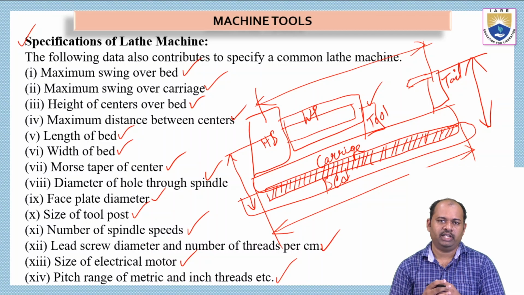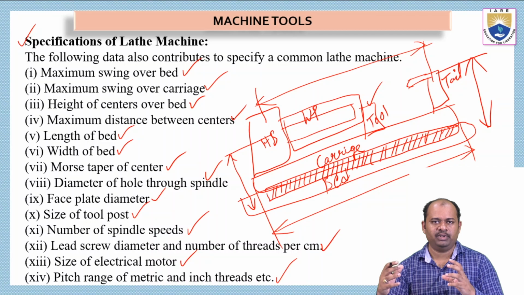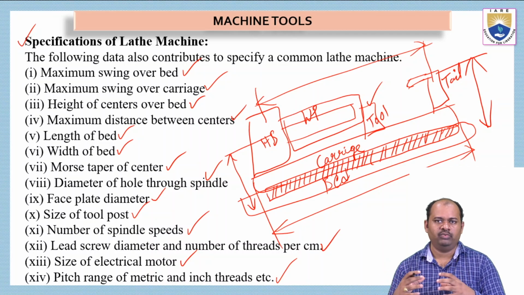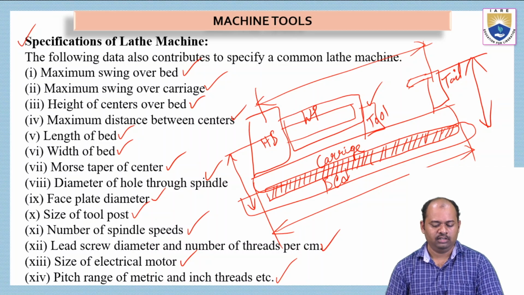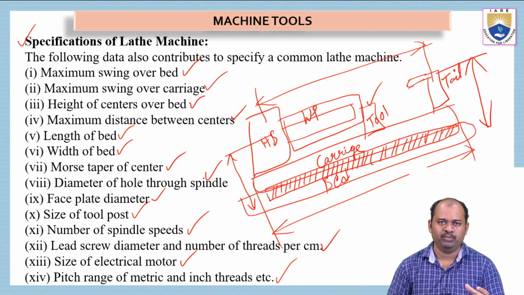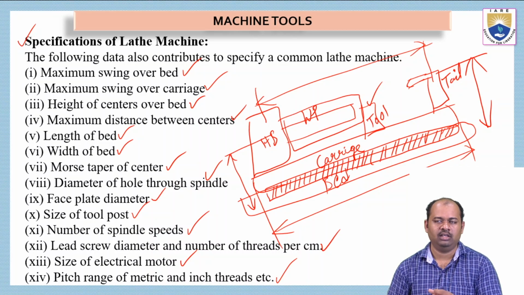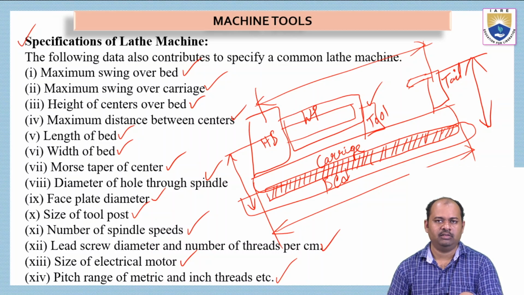This is also taken into consideration, because while we are cutting threads on the particular metal rods, we have to consider whether it is a metric process or an inch thread process. Whether the units are being taken in centimeters, meters, or inches. So this is also specified when we are considering a particular lathe machine for particular applications.